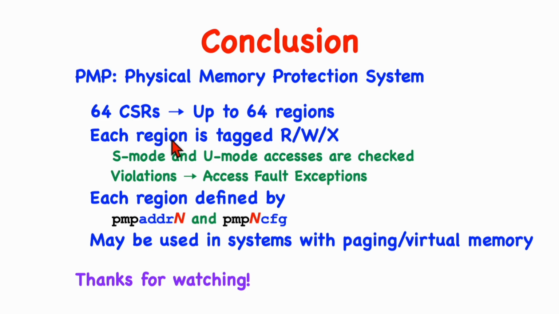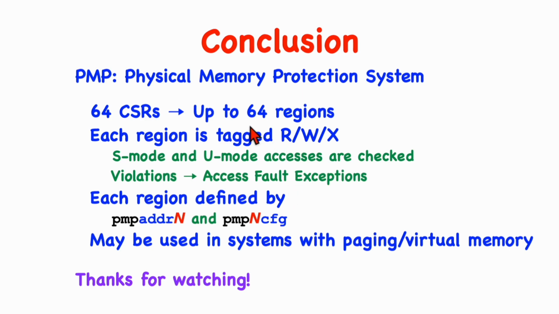Each region can be tagged as readable, writable, and/or executable. When supervisor or user mode code attempts to use a memory address for which permissions are not granted, then an access fault exception will be signaled.